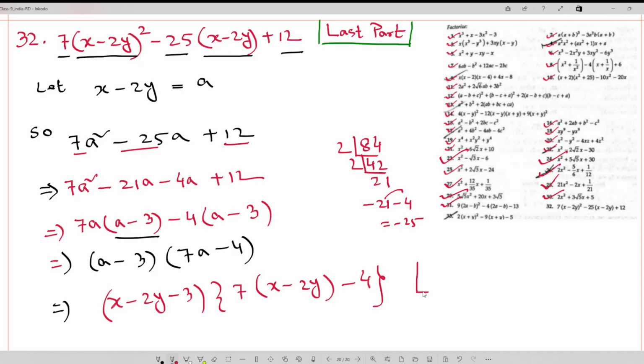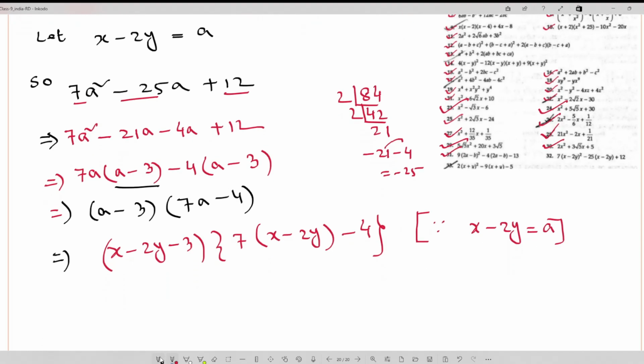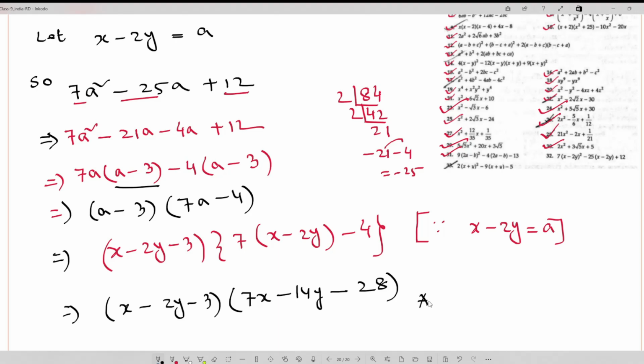So just a side note, x minus 2y equals a. Okay, now (x minus 2y minus 3) and (7x minus 14y minus 4). Okay, and this is our answer.